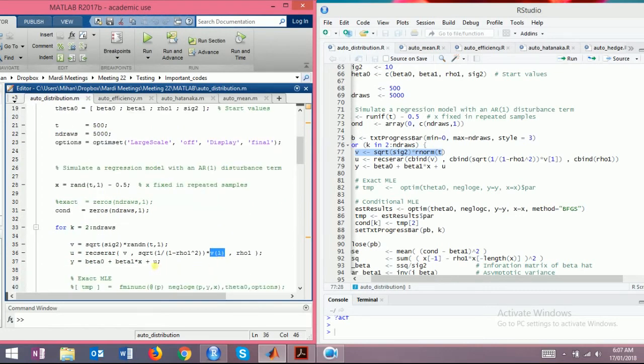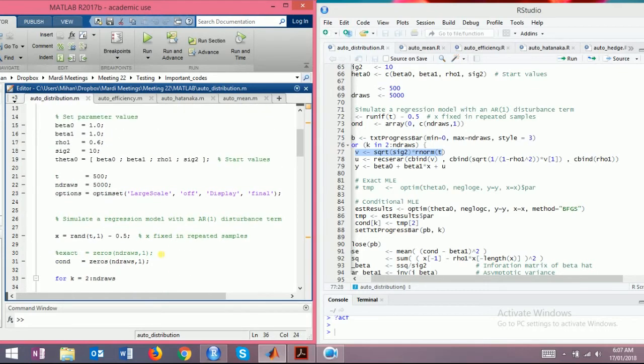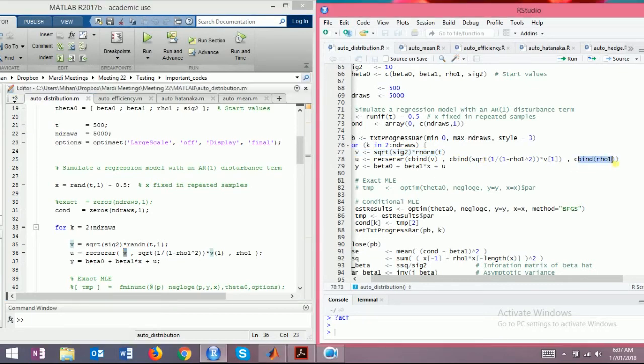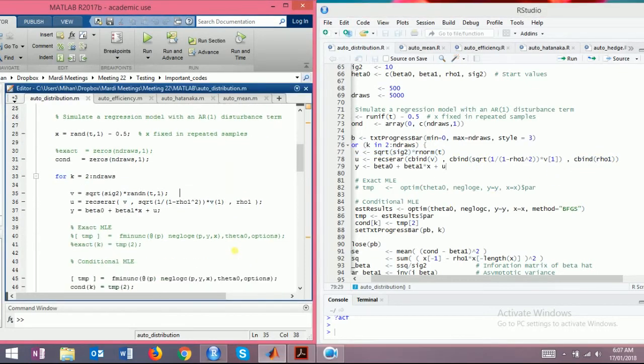No, rho 1 is fixed, this is constant, and y naught is constant, initializing. v is not constant, x is a vector, and then column bind rho 1, which is also a vector, then beta naught plus beta 1 x plus u.